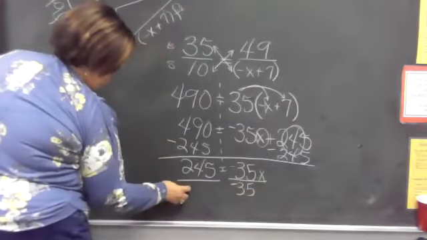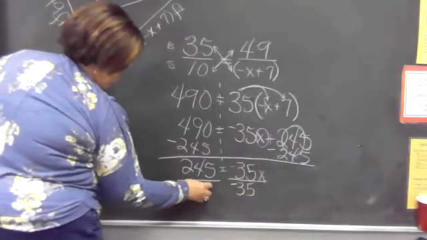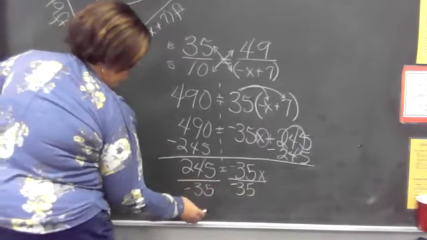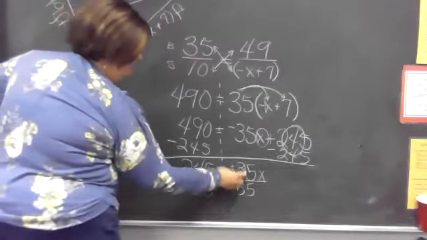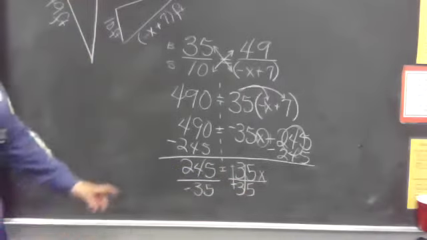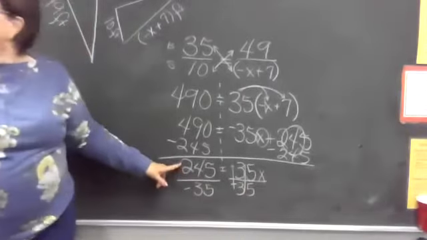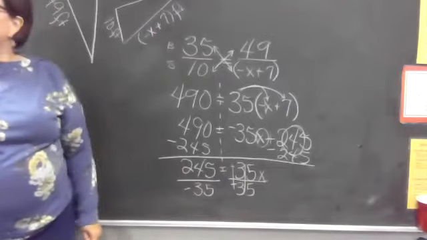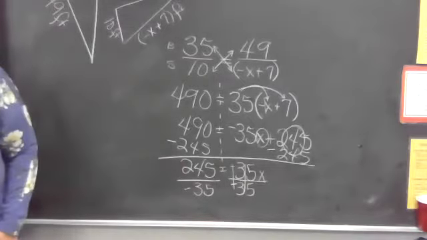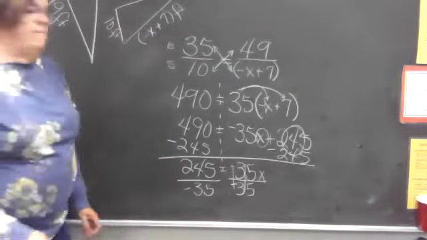I'm going to divide by negative 35. Somebody please do that. I need 245 divided by negative 35. Negative 7? Yes.